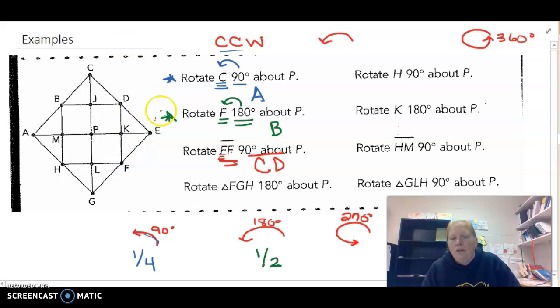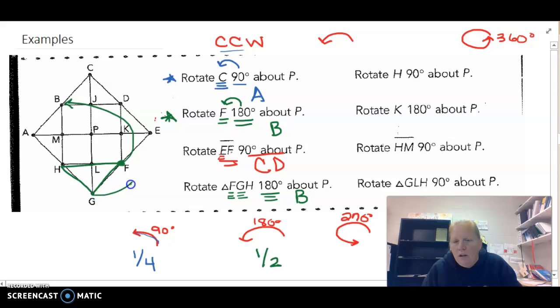All right, now let's look at this triangle down here. So I want to rotate triangle FGH 90 degrees, or sorry, 180 degrees. So the first thing I want to do is go to point F and rotate point F 180 degrees, which would put me at point B. And then I want to look at G and rotate it 180 degrees.